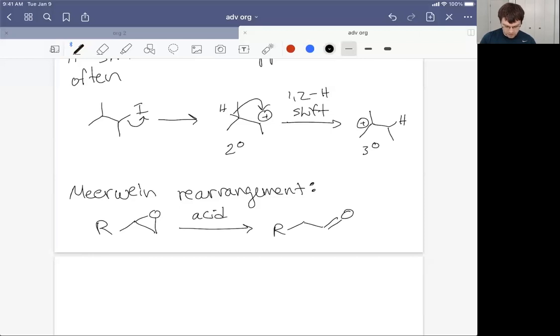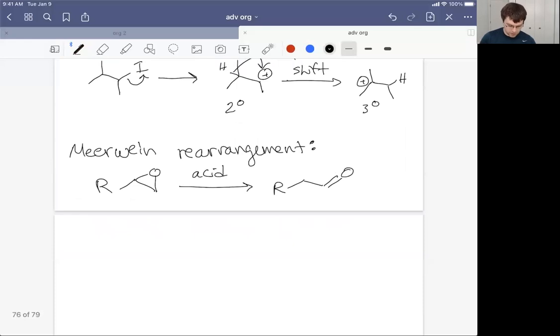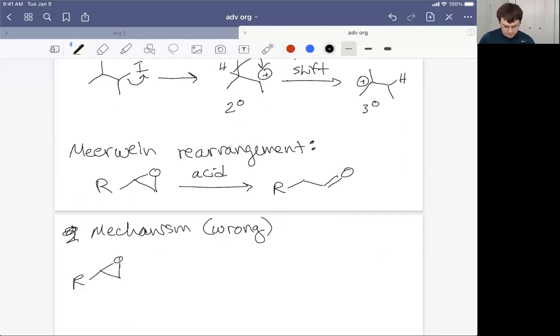Now, if you want to track what's happening here, we should look at some mechanistic possibilities. So one mechanism, and I'm going to emphasize that I do not have evidence for this mechanism. Okay, so I'll just say that. I've studied this. Personally, I don't have the evidence for it, but if we have our epoxide, we could add this to an acid, and we could just pick H+, sure.